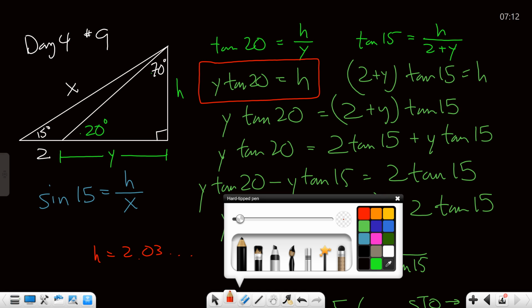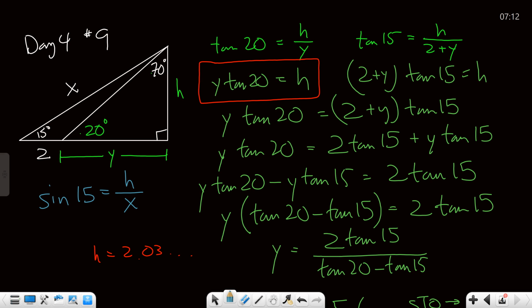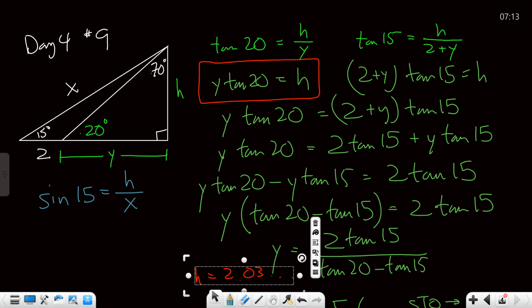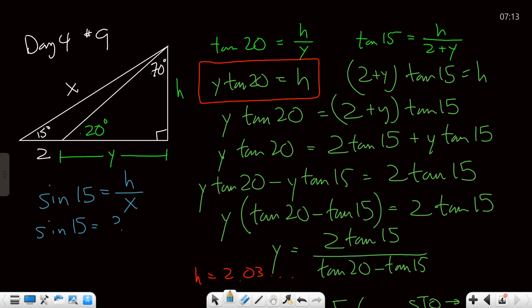And then, switching to blue, I can solve this problem by plugging that value into h. So let me get this out of the way. The sine of 15 is equal to 2.03 divided by x.